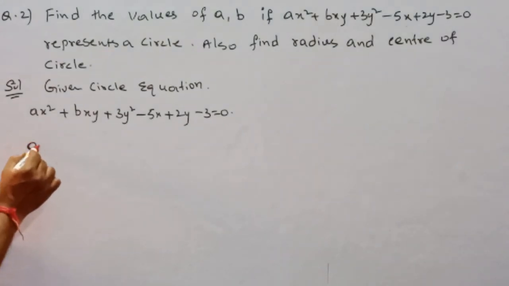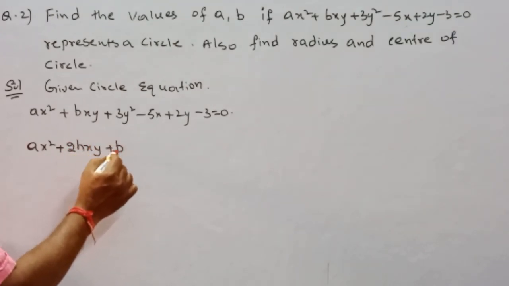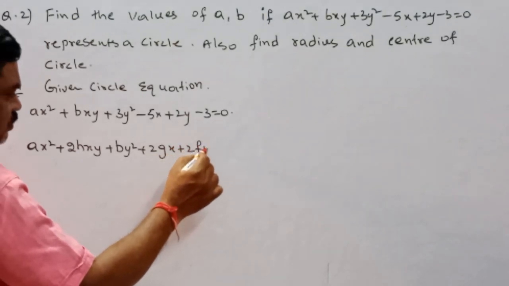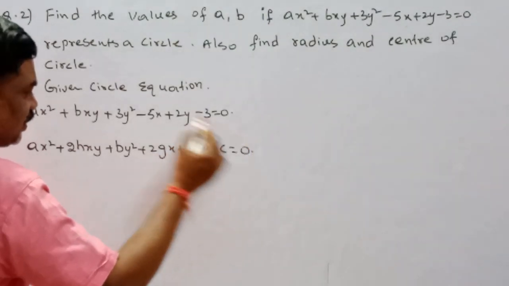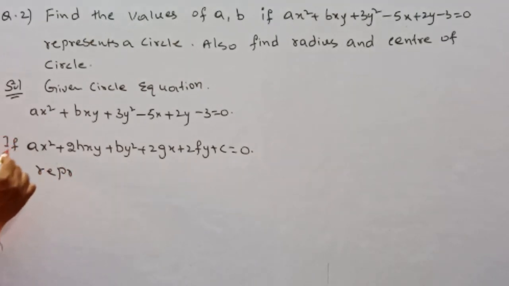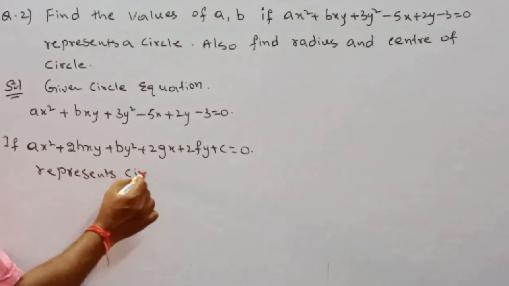Suppose ax square plus 2hxy plus by square plus 2gx plus 2fy plus c equal to 0 represents a circle equation.